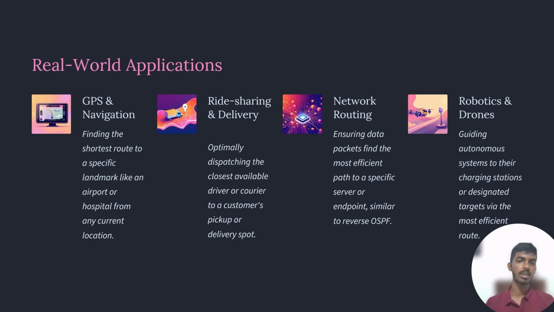The third one is computer networks: route packets to a specific server efficiently. And finally, take the example of drones or robots: find the best path back to the charging dock. These save time, food, and sometimes lives. This is the efficient way in the real world. So this is a very critical real-world application of this problem.